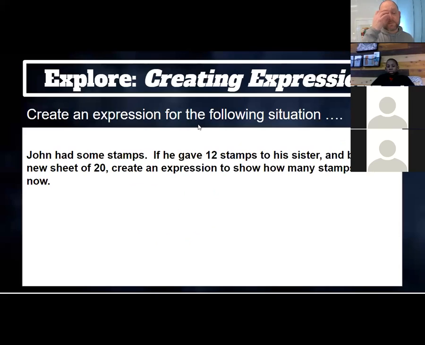All right. Last hard one. So John has some stamps. I want you guys to try this one out on your own. John has some stamps. If he gave 12 stamps to his sister and bought a new sheet of 20, create an expression to show how many stamps he has now.